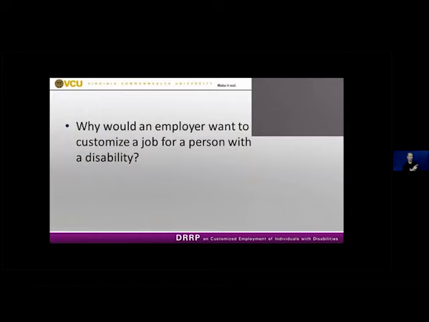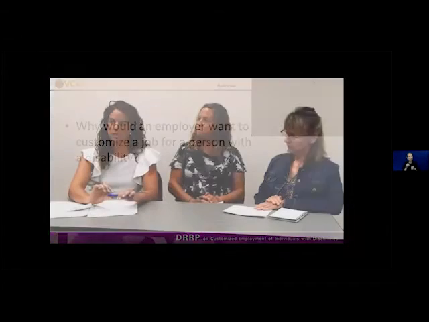Okay. So why would an employer want to customize a job for a person with a disability? I think a person would want to customize a job with someone with a disability because it frees up maybe an employee that is taking over some tasks that aren't a part of their job duties. Maybe not paying that coworker overtime.